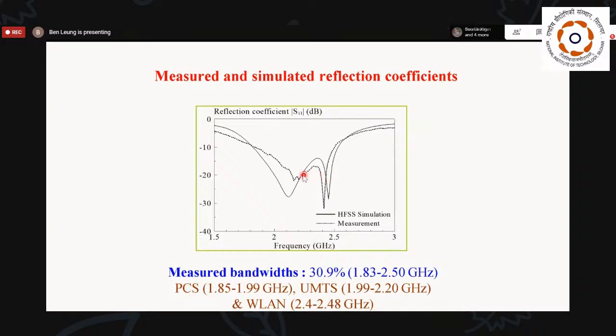And because they are not too far away from each other, the two modes merge together, and therefore you obtain a wide impedance bandwidth. Now the bandwidth is about 31%, from 1.83 gigahertz to 2.50 gigahertz. Now this band well covers PCS band, UMTS, and wireless LAN band.